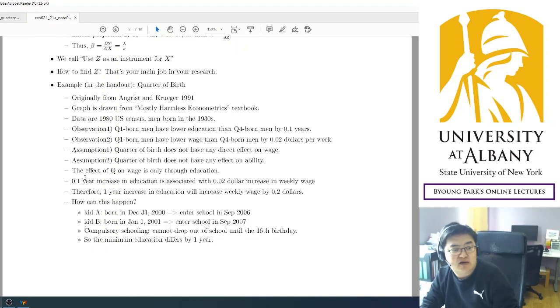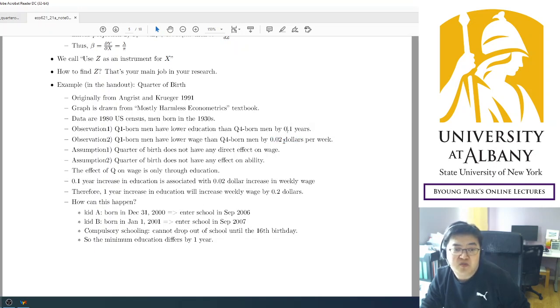And then what you can do here is, it looks like that 0.1 year increase in education, which was caused by the quarter of birth, implied a $0.02 increase in their wage.